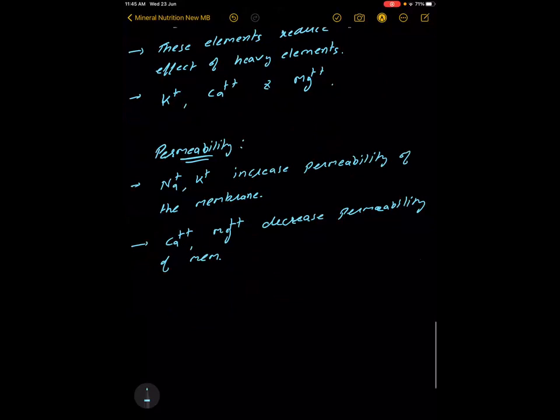Next is critical ions. Some ions are critical. What does it mean? It means most of the time the soil is deficient in these ions.